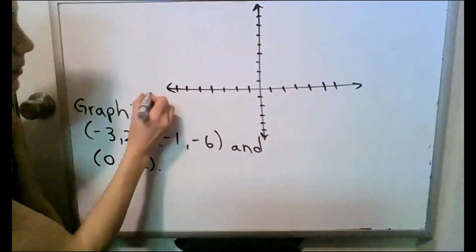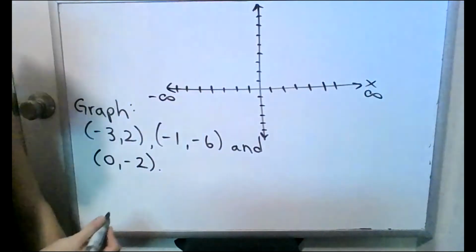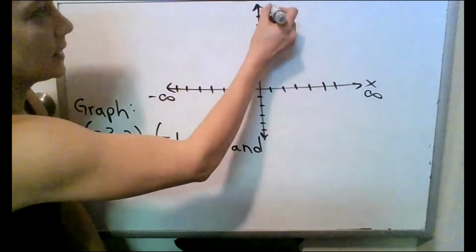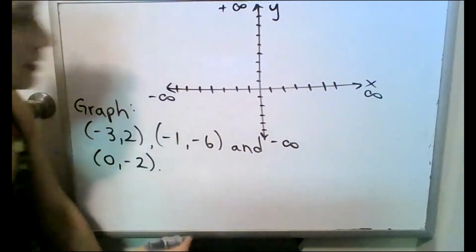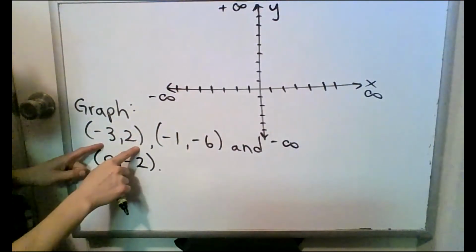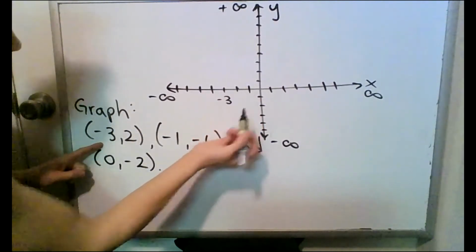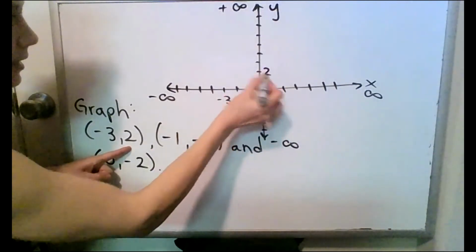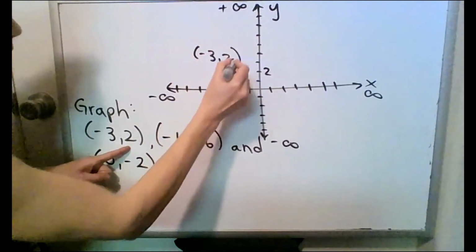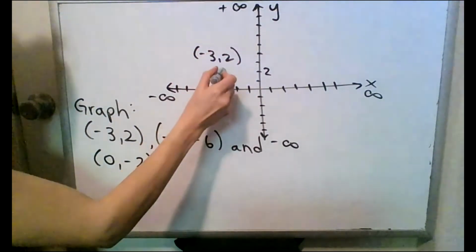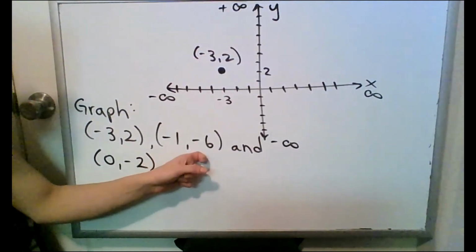Okay, this way we're going to -infinity. This goes towards +infinity, and my x values are here. For y, this goes up to +infinity, down this way towards -infinity. So for (-3, 2), you want to go -3 for x, up to +2 for y, and then that point right there is (-3, 2). Plot (-1, -6).